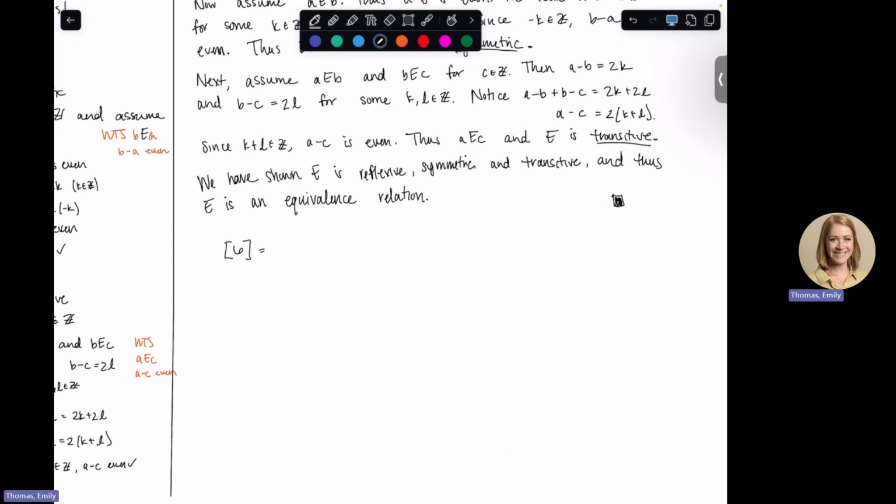It's all the elements that are related to that number. So it's going to be the set of all x in Z such that 6 minus x is even. What are things in there that would make that true? This is just all the evens. Even minus an even is an even.